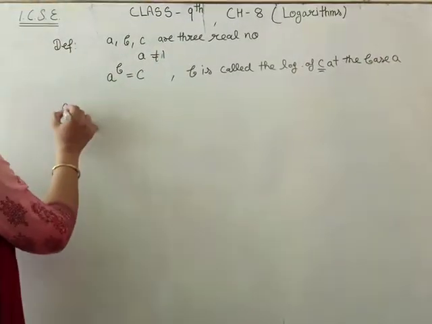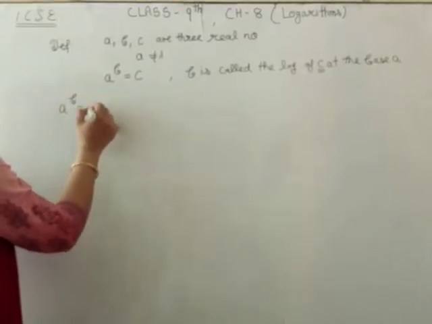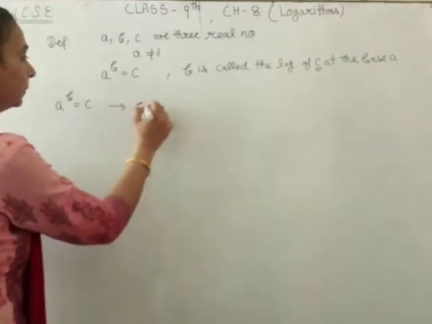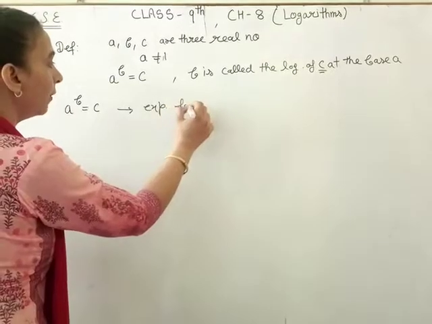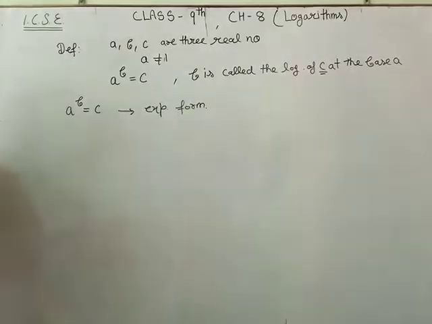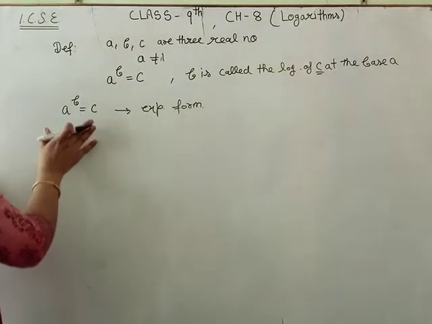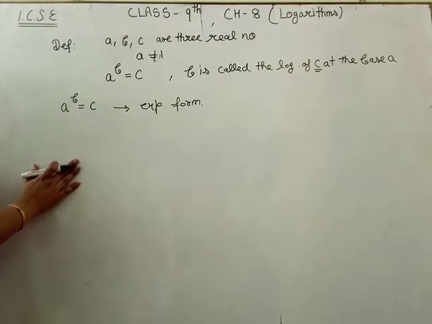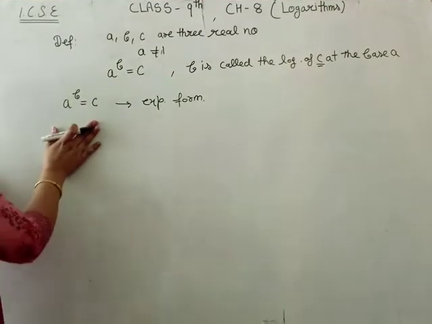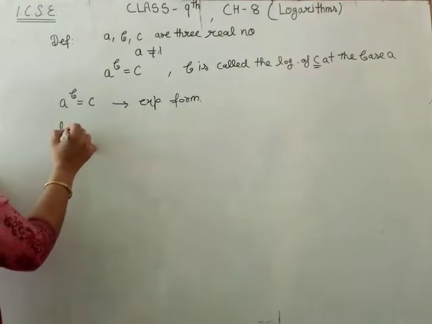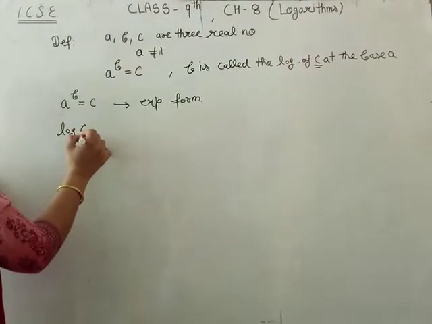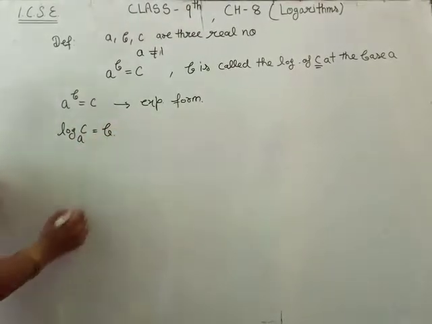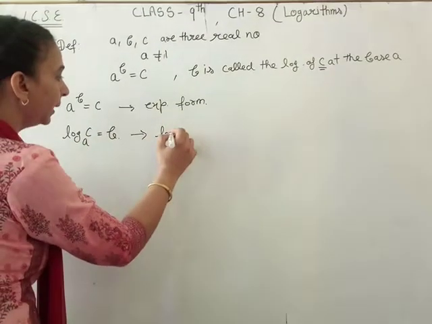Students, we know that a raised to the power b equal to c is the exponential form. And we write this exponential form in logarithmic form. What is this? Then we write log of c at the base a equal to b. This is our logarithmic form.